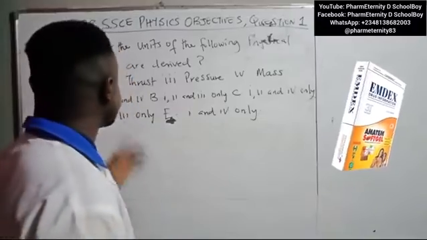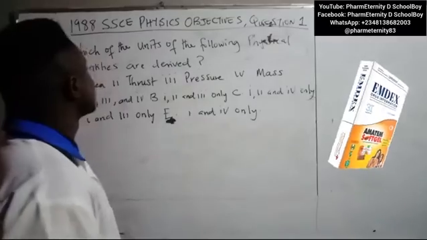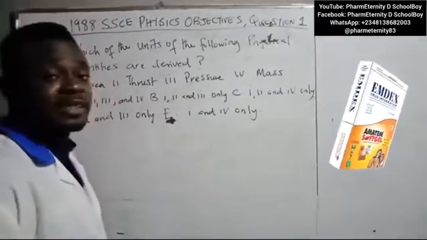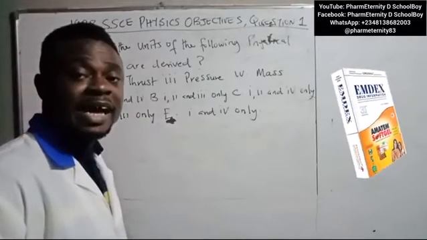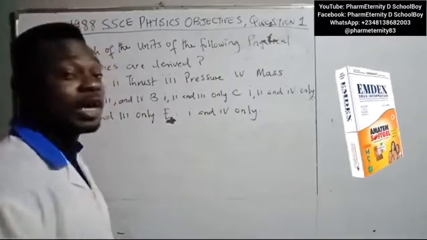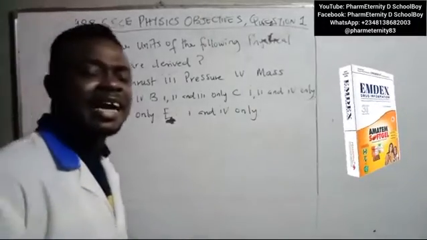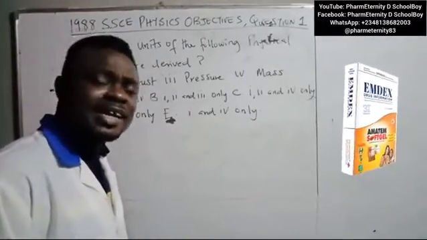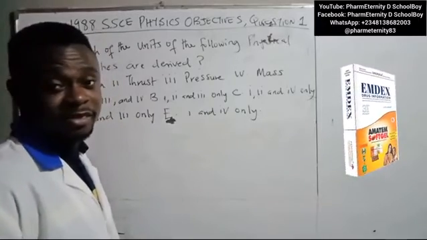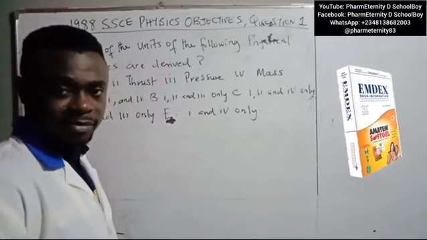Now let's take a look at these quantities and know which of them are derived quantities and which are fundamental. From there we can get the answer. Let's start with A. Area. What is area? Area is a quantity derived by combination of one or two lengths.